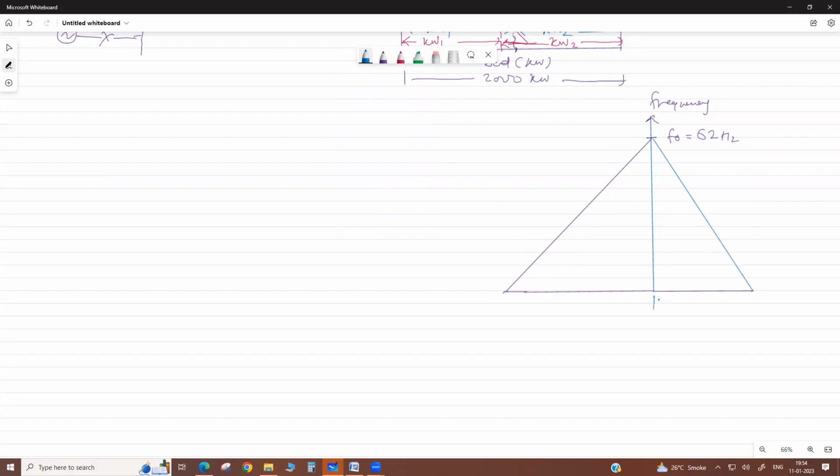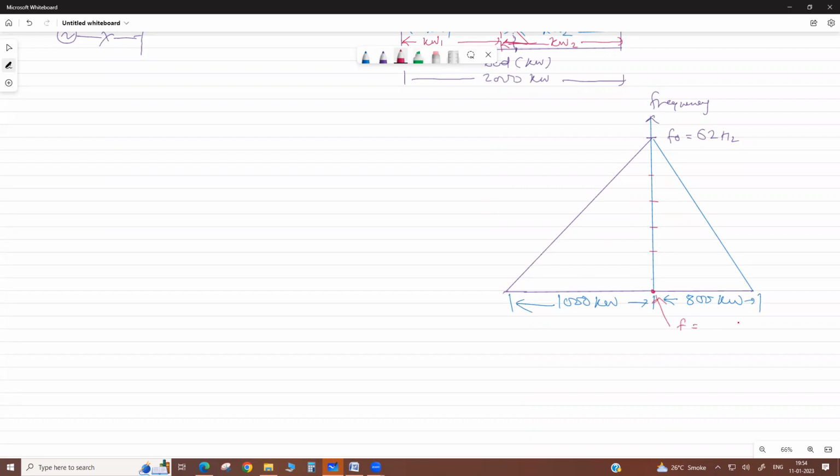Here this is your kilowatt of machine 1, that is 800 kilowatt. Suppose this is 1000 kilowatt. So if they are at full load, this is the droop setting. Now here, what is the frequency? If they take the load, their frequency is down here. So what is the frequency at this point?